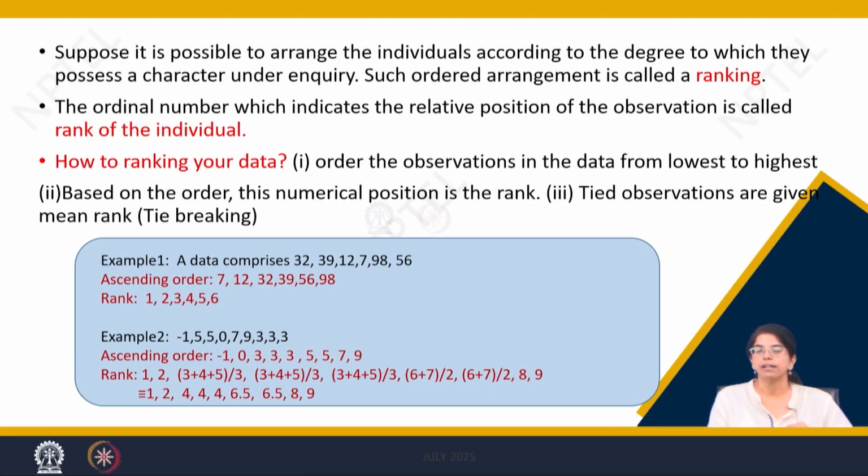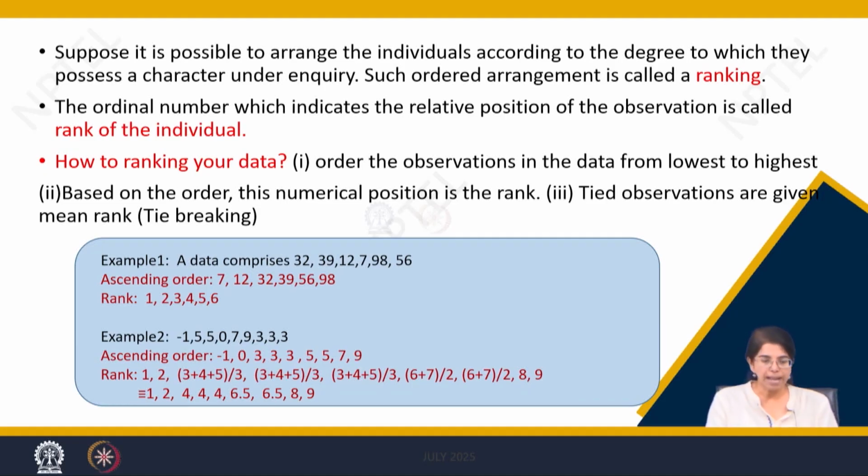Look at the position. 7 occurs in the first place, so the rank of 7 is 1. The rank of 12 is 2. Therefore you will have 6 ranks for 6 observations. Remember this simple fact: if you have n observations, then your highest rank will be n and your lowest rank will be 1.